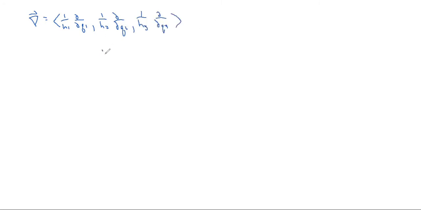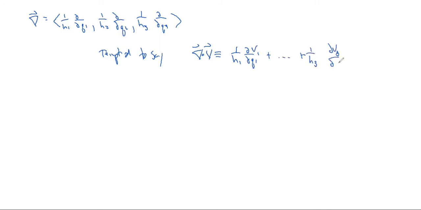And then I'm tempted to say that this is equal to 1 over h1 d by dq1 v1 plus dot dot dot. It's really not a lot of dot dot dotting, but it does save me a little bit of writing.